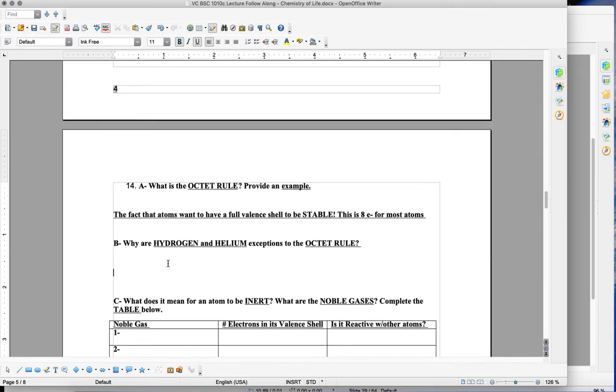And hydrogen and helium are exceptions. They still want a full outer shell, but this will be 2 electrons because they only have the first shell. Okay, cool.